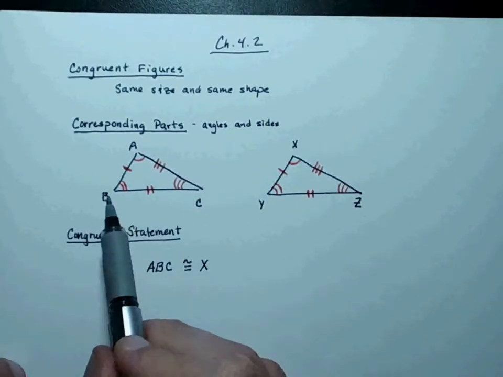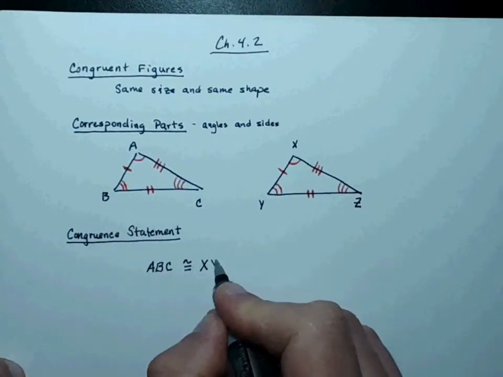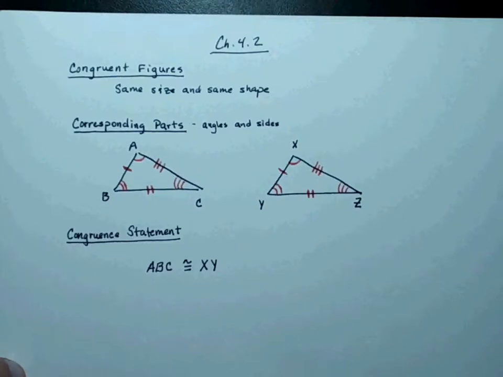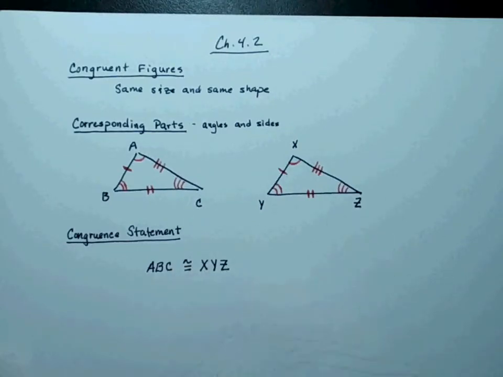Then angle B corresponds to angle Y, so I'm going to put Y next. And then C corresponds with Z. So the order that we name our figures is important because we've got to match up the corresponding parts.